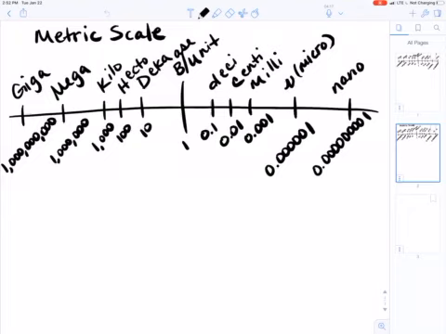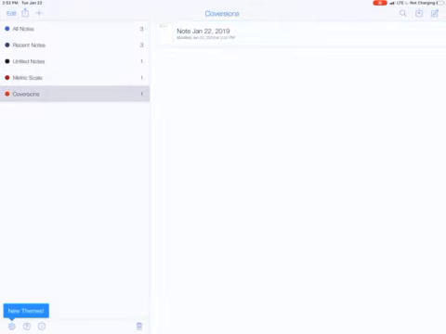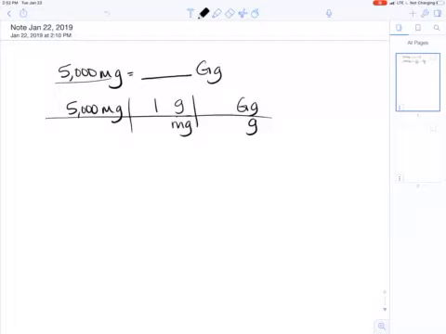If you take that number and you pretend that decimal is not there and you flip those numbers, that becomes 1,000. So we know that there are 1,000 milligrams in a gram.